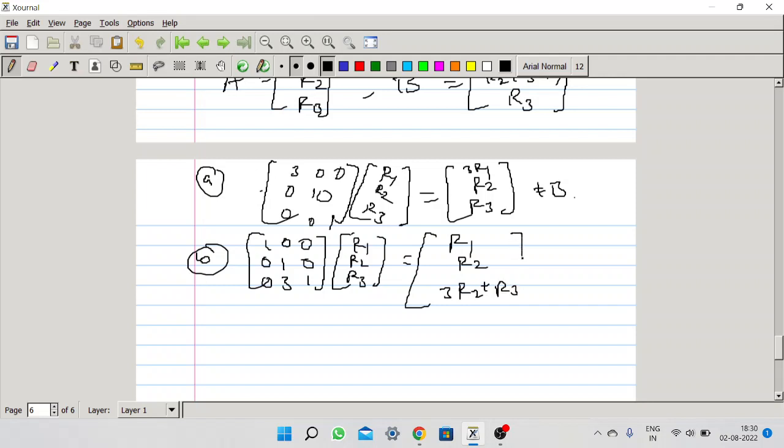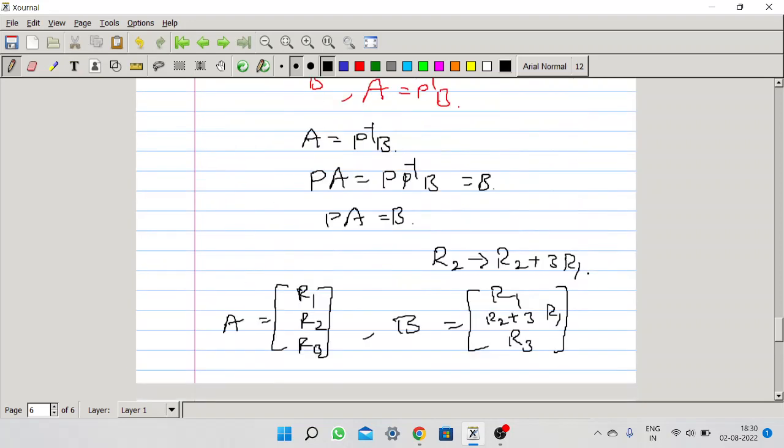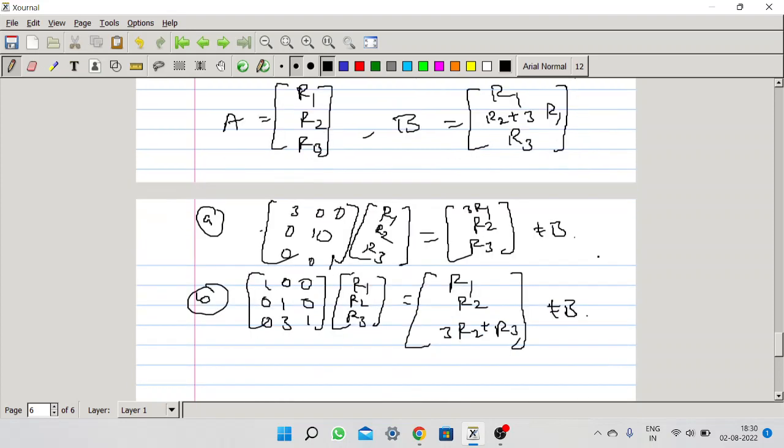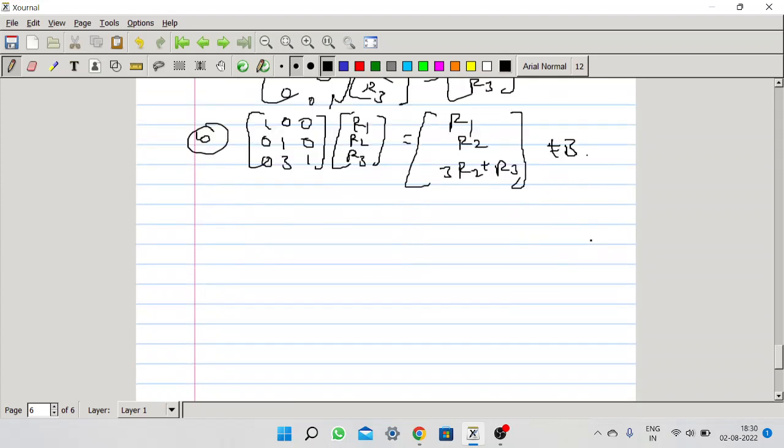But again, this is not equal to B, because B is different from this matrix. If we had changed R3 to 3R2 plus R3, then we could say the resulting matrix in option B is the answer. But here the resulting matrix is not equal to B.